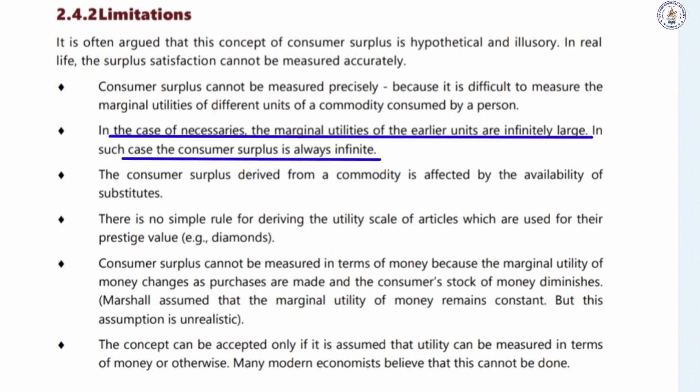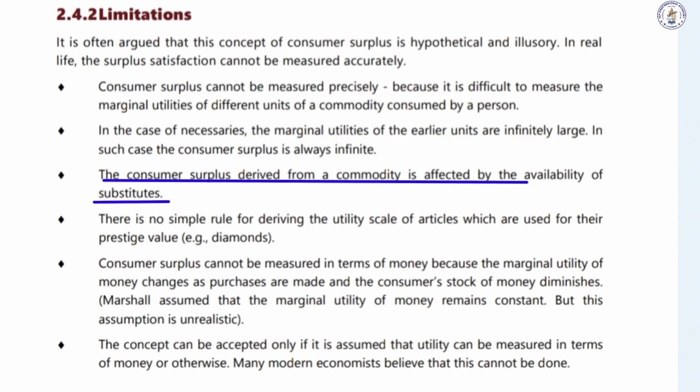Second one is, in the case of necessaries, the marginal utility will always be infinite. Whether it is an additional unit n, or n plus 1, or n plus 2, the surplus is always infinite.